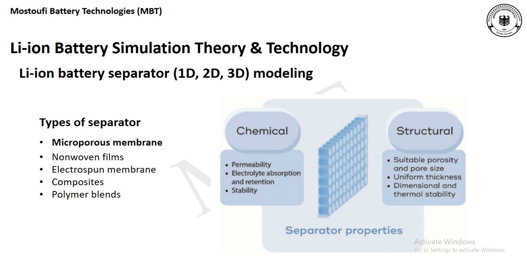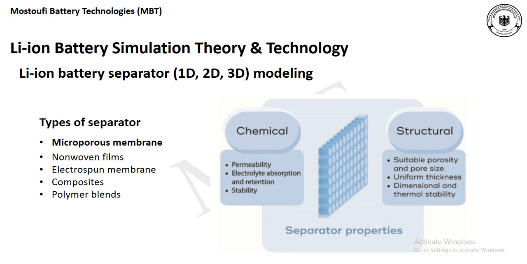There are different types of separator in the industry, from microporous membrane to nonwoven films, electrospun membrane, composites, and polymer blends. Separators have different properties, but mostly the properties are categorized in two different ways, which are the chemical and structural properties.